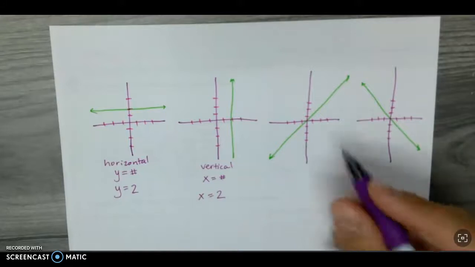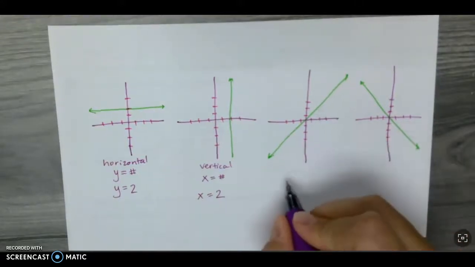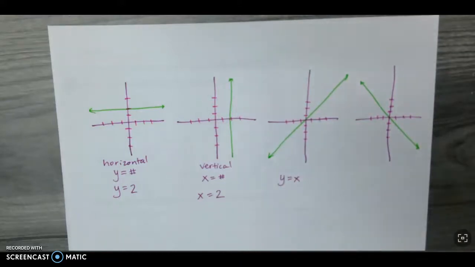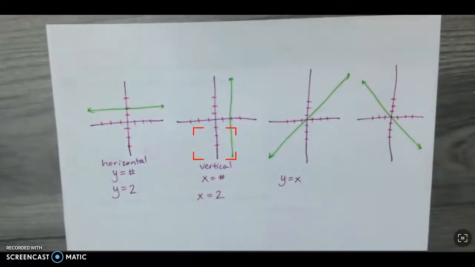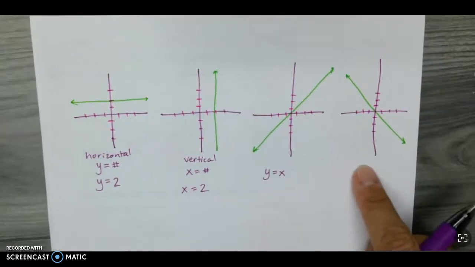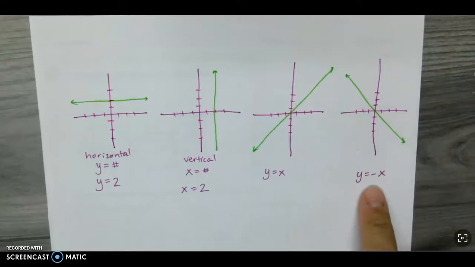Now this third one, we have a y-intercept of 0, and it has a slope of 1. So if it was y equals mx plus b, we would say y equals 1x plus 0, or just y equals x. And then the opposite of that, we have y equals -x, because you have a slope of -1, and it goes through the origin, or 0, 0, for its intercept.